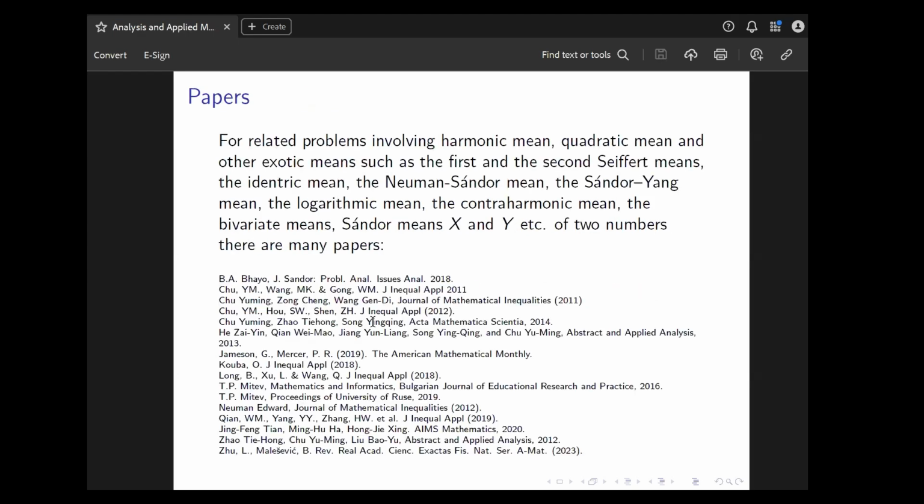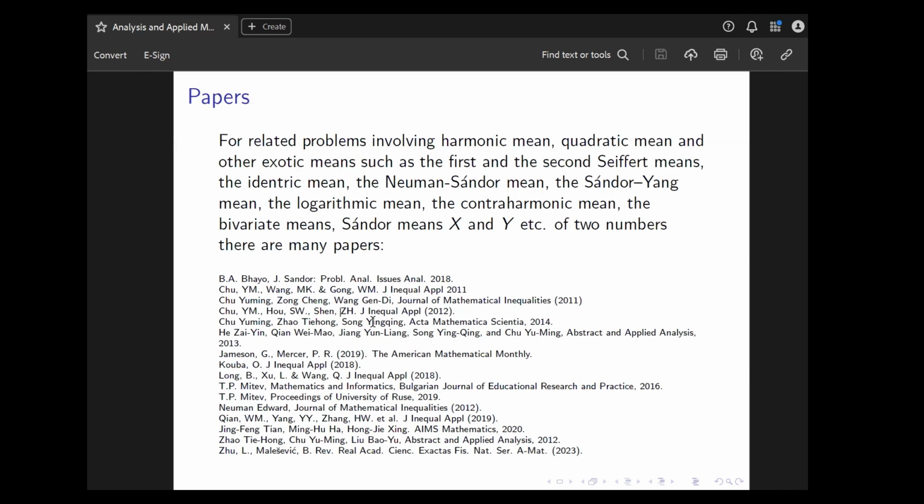I found many other papers in which similar problems were solved for other means: harmonic mean, quadratic mean, and other exotic means such as the first and second Seiffert means, the identric mean, the Neuman-Sandor mean, the Sandor-Yang means, the logarithmic mean, the contraharmonic mean, the bivariate mean, and so on.